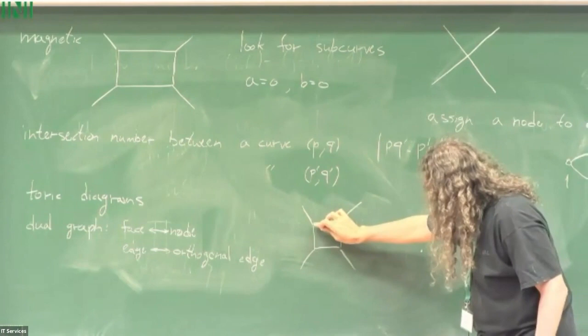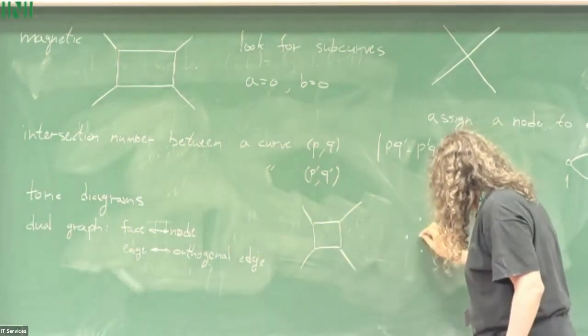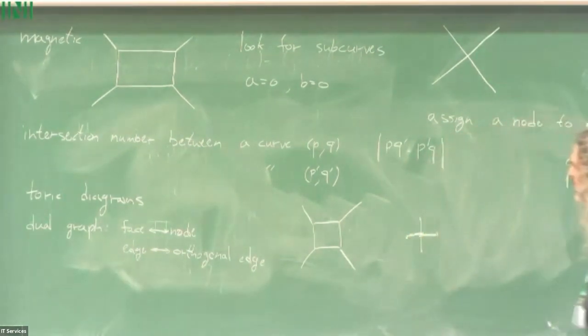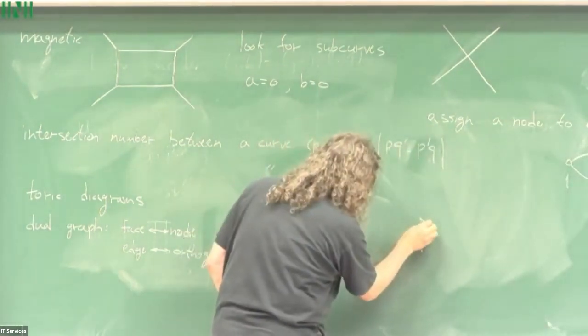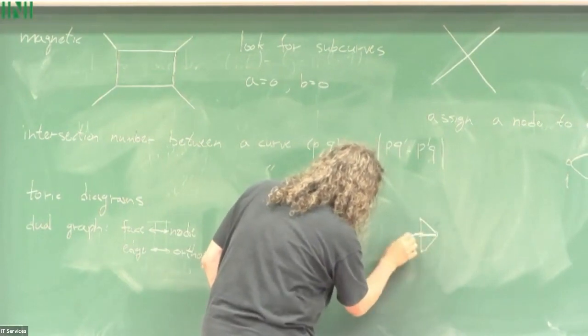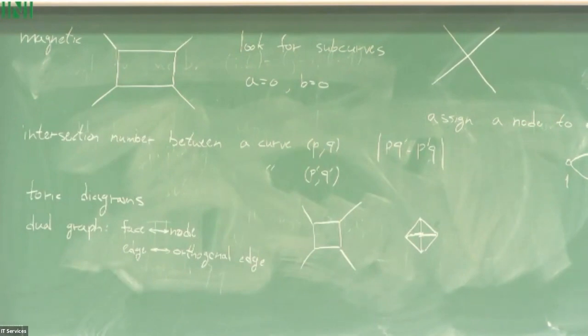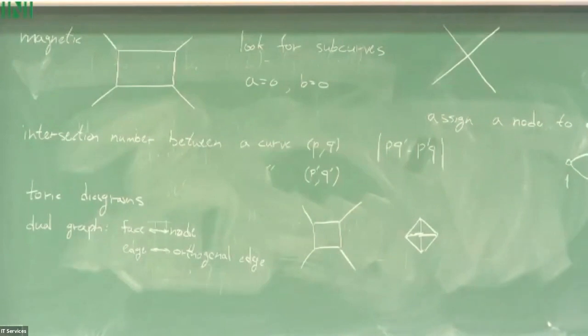And there are edges which correspond to these 4. Those will be the dual to the rectangle. And there will be the external legs, which are those 4 edges of a polygon, right?